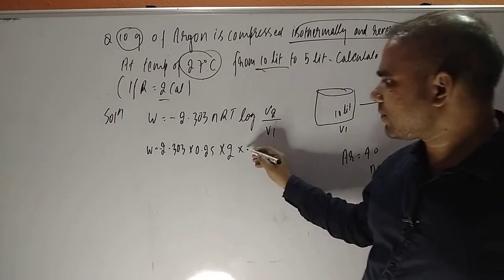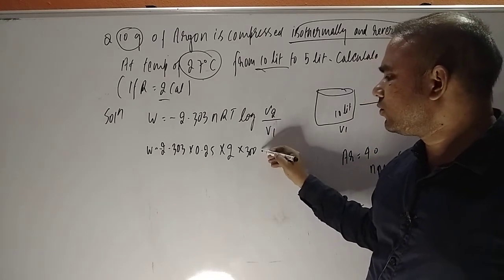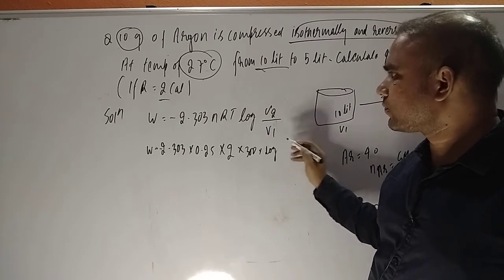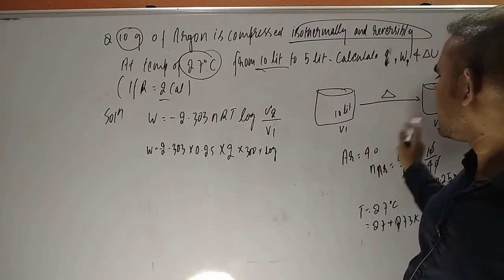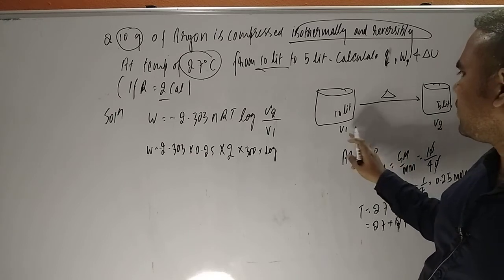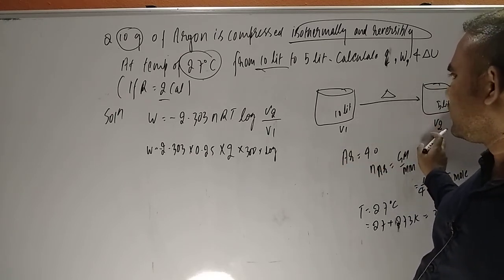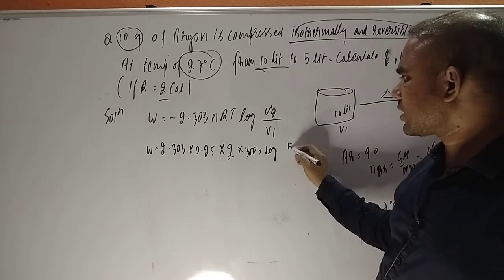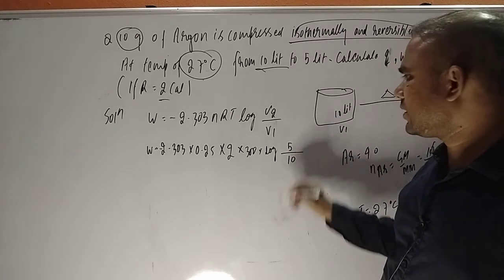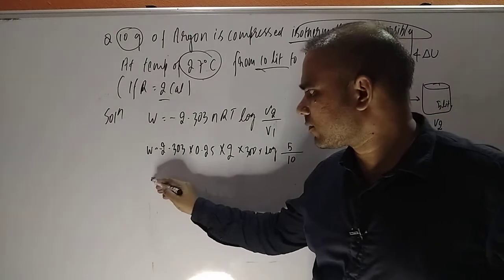Multiply by 300 into log V2 by V1. V1 is 10 liter and V2 is 5 liter, so it is 5 by 10. Okay, solve it out, student.